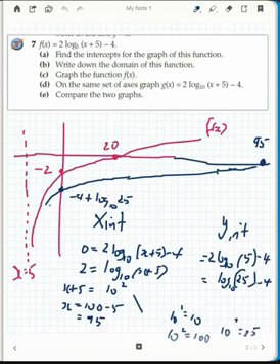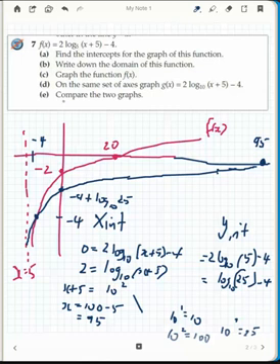So I know that these will intersect and cut across when x equals negative 4. And what will y equal? That will be 0, so the intersection is at (-4, 0).